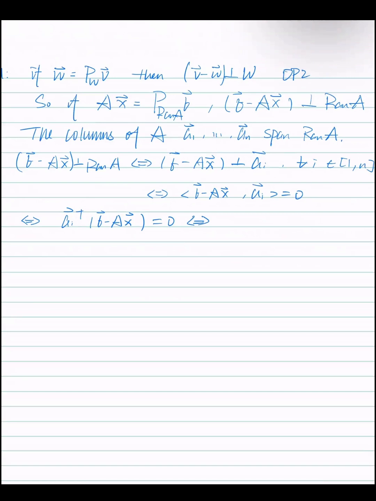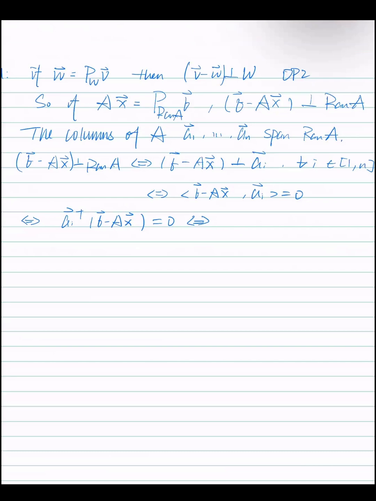And then we can further simplify this. Ai dagger is the conjugate transpose of each column.